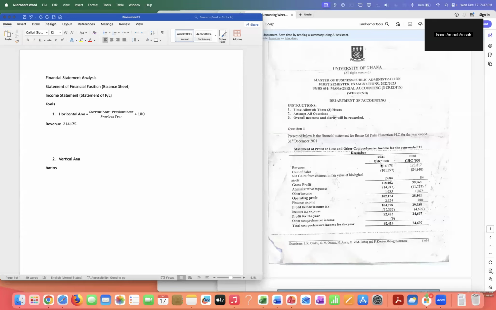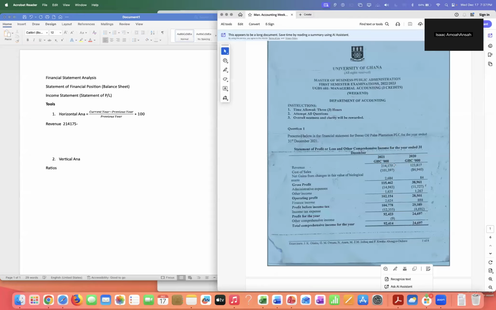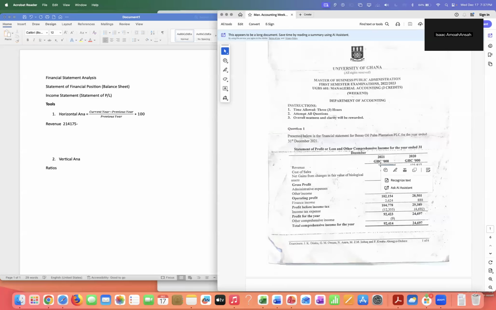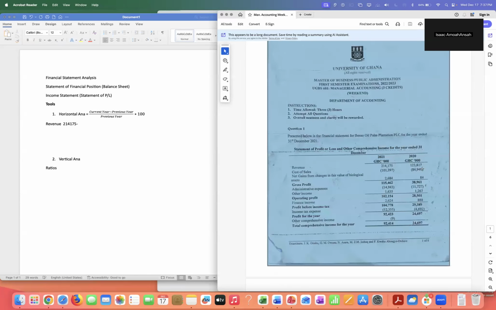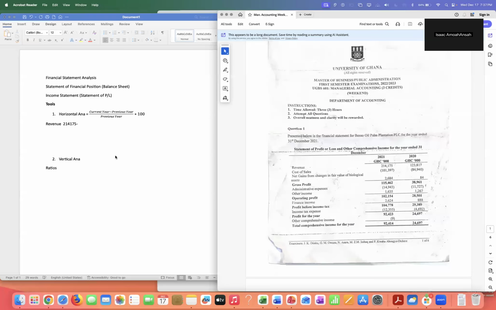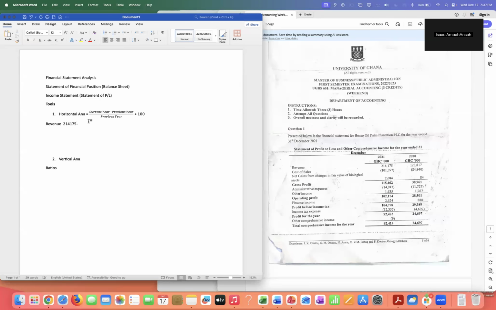Take note, I'm using these figures. This is the current year figure, and then this is the previous year figure. So minus 123,817, divided by 123,817. All right, times 100.